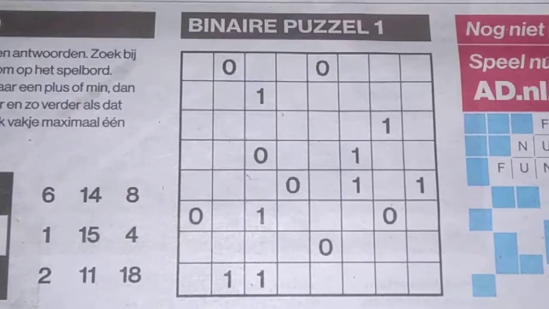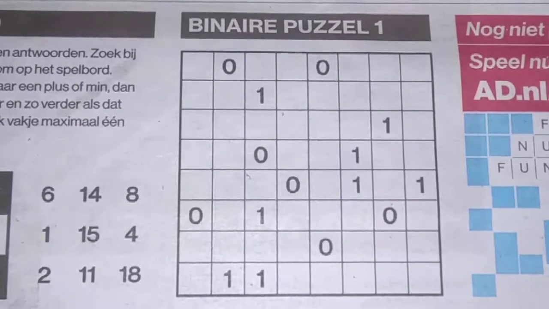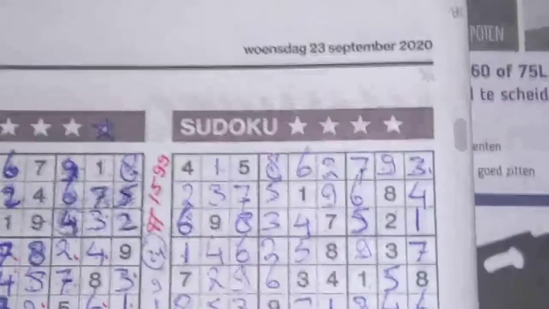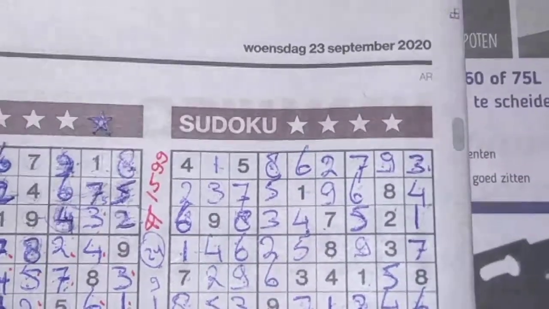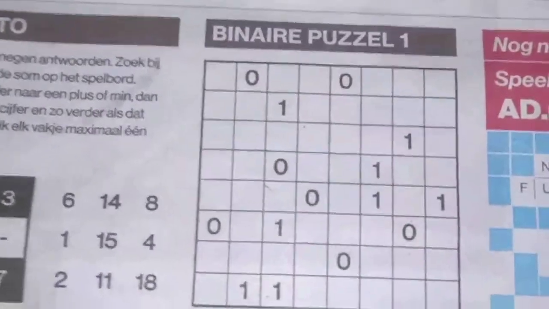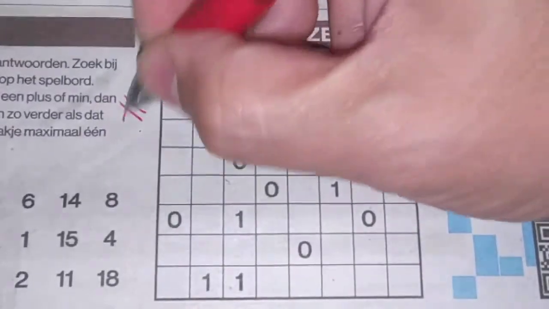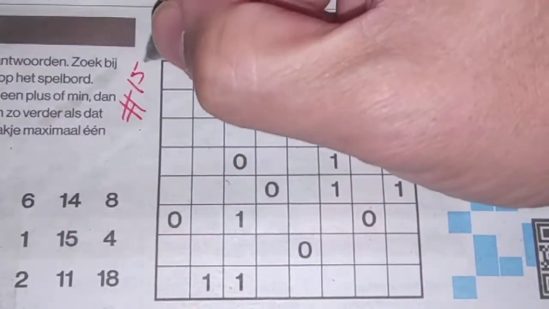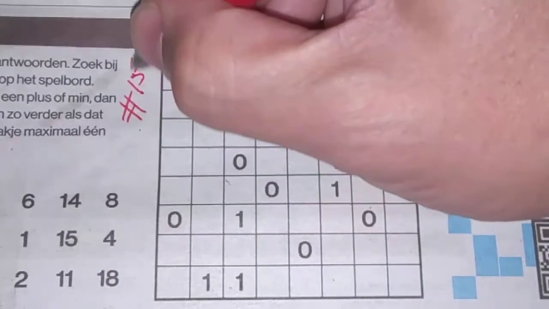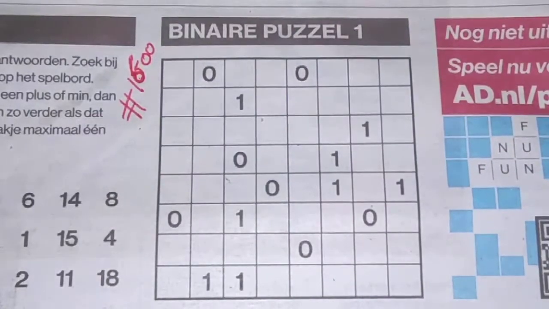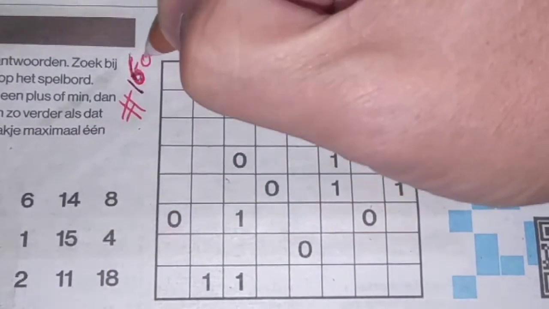The fifth puzzle is a binary puzzle, and it's in today's newspaper in the addition of Wednesday, September the 23rd, 2020. The first binary puzzle will be number 1600. 1600 Sudokus I have uploaded.